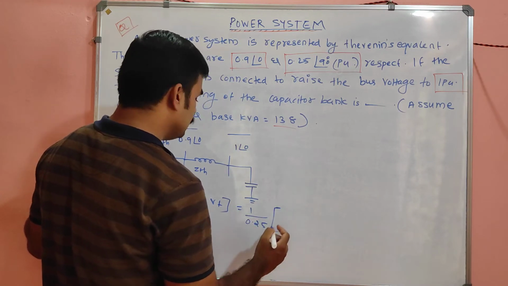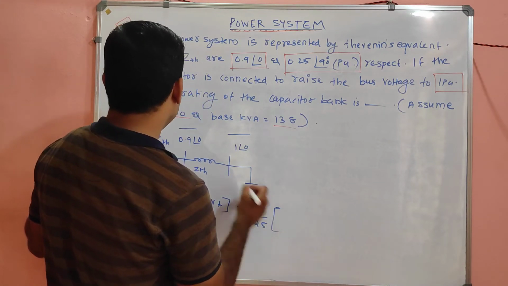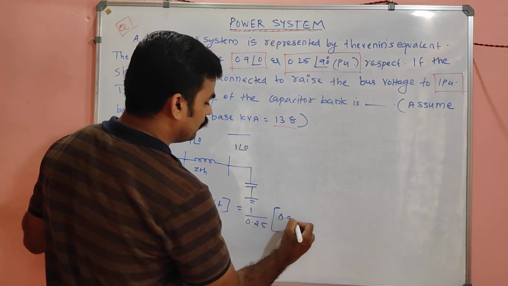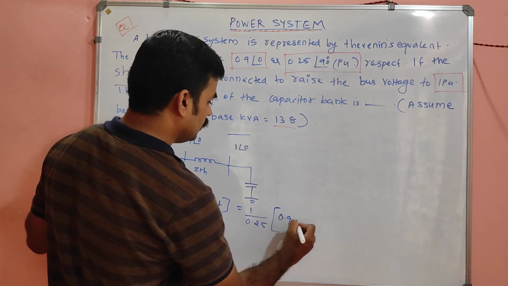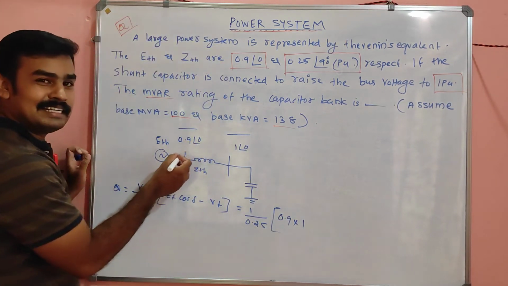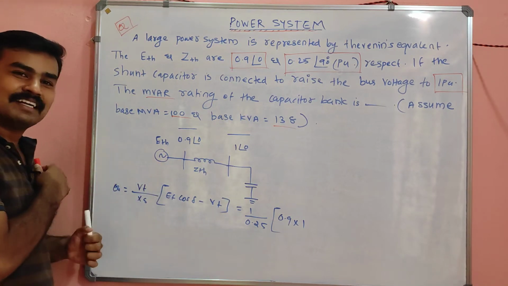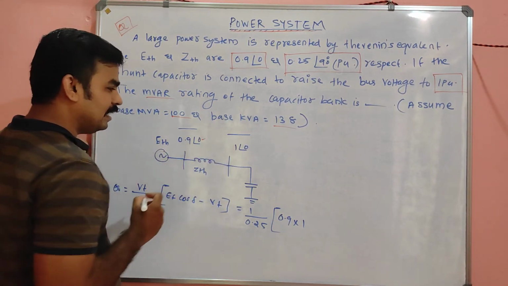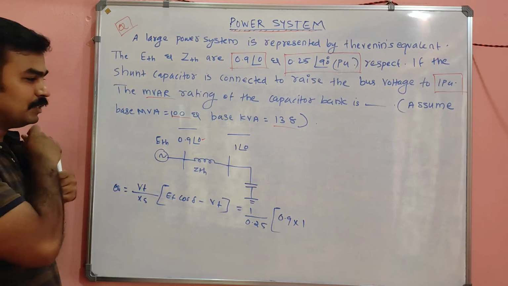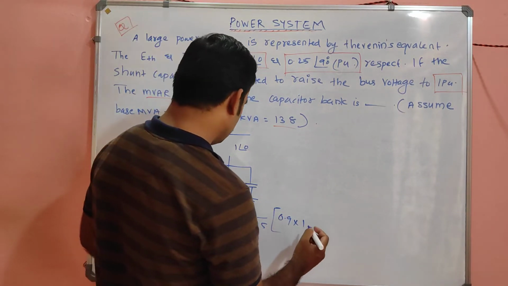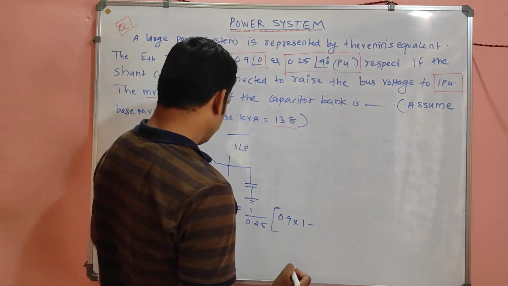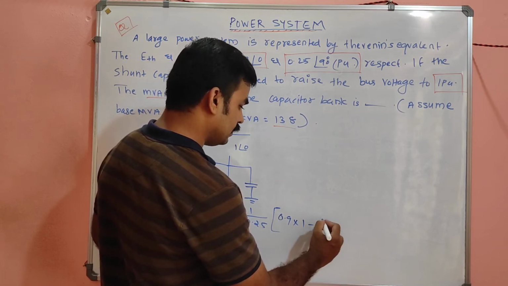EF is 0.9, and cos del, luckily we got del as 0, so no need to complicate about del. So 0.9 into 1 minus Vt, and Vt is equal to 1.